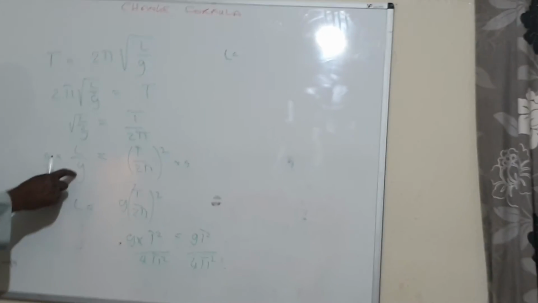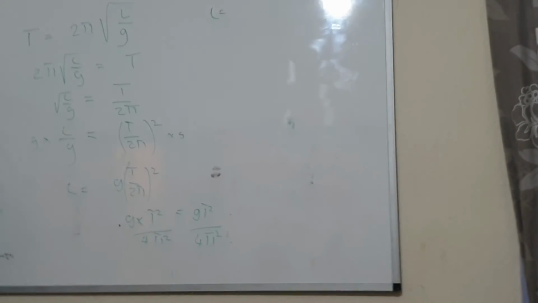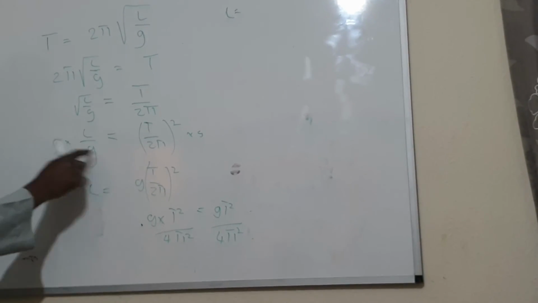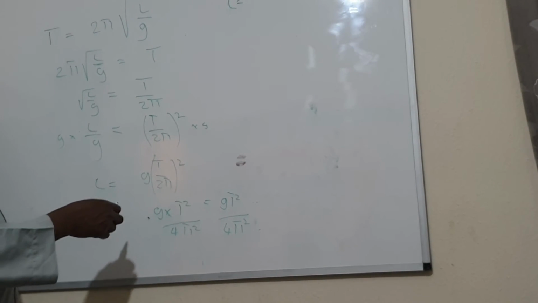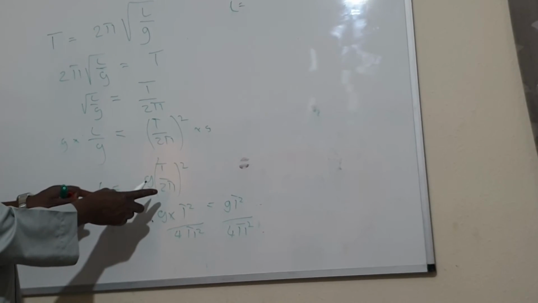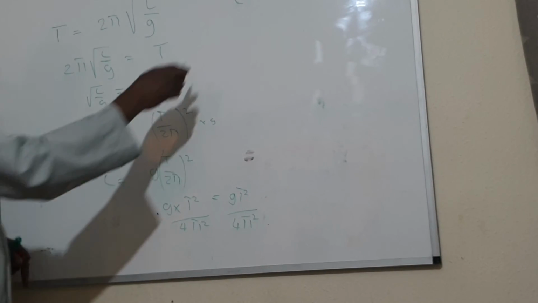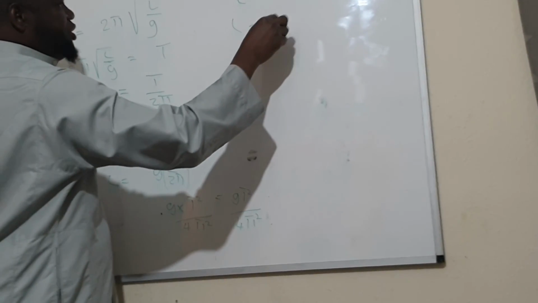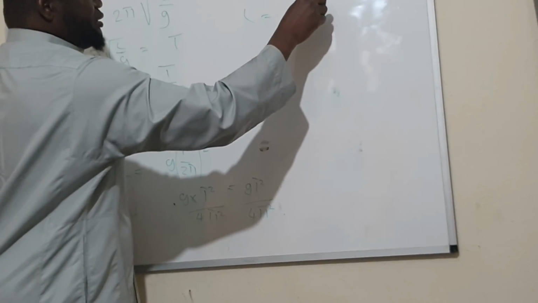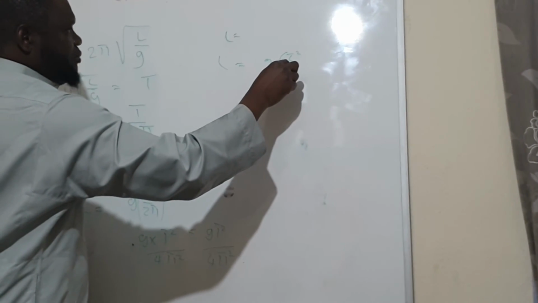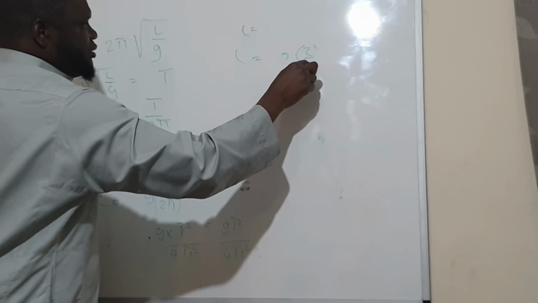Now, assuming we wanted G as the subject of the formula, we still cross multiply. L is equal to G times T squared over 4 pi squared.